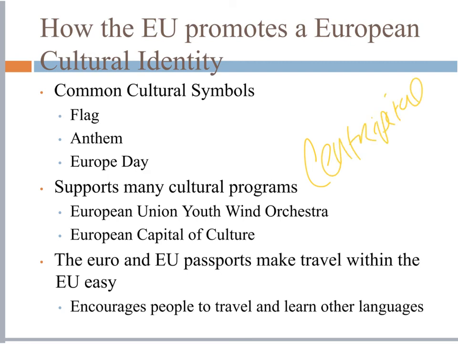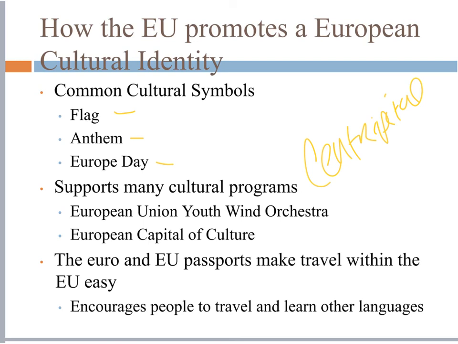All right. And so how has the European Union united Europe by promoting a common culture? Well, they've done things like created common cultural symbols like flags. They have an anthem, and they have EU Day.